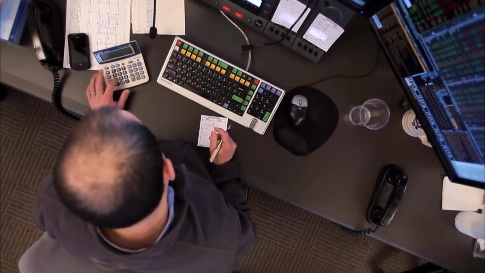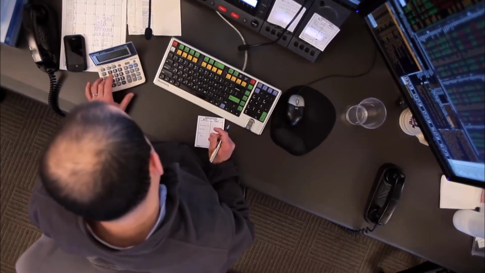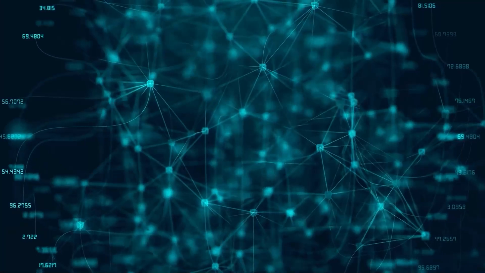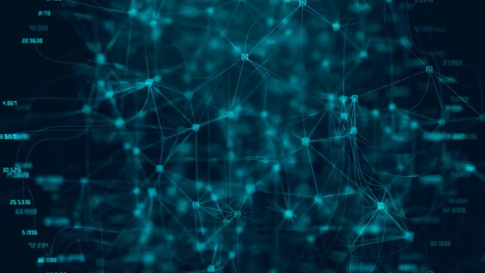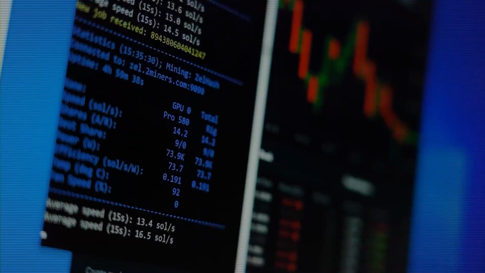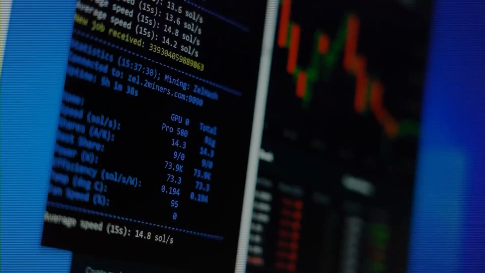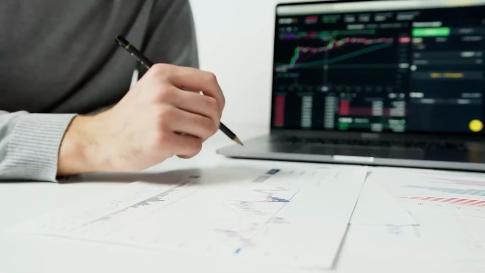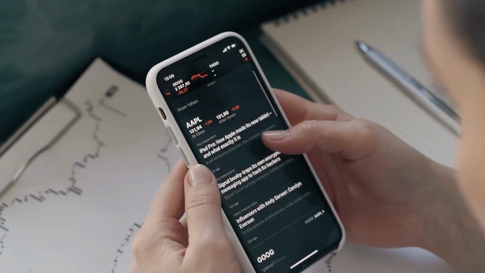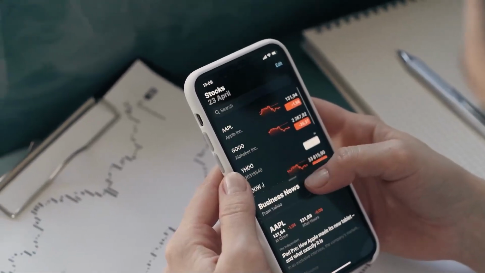In a nutshell, a broker is simply an entity licensed to trade stocks on a stock exchange. Today, we are living in a digital age, and most of the brokers are online brokers that process the entire transaction electronically. So basically, you can work from anywhere. All you need is a computer or mobile phone and internet connection.